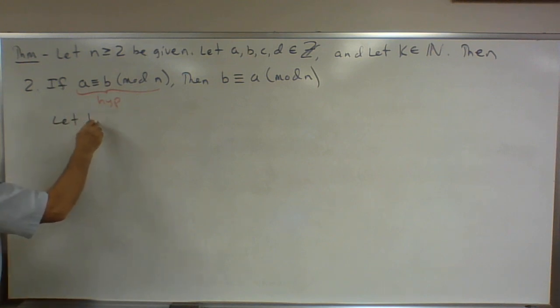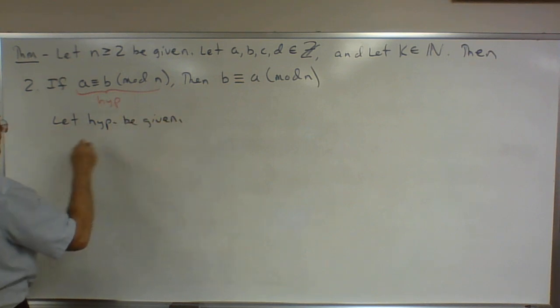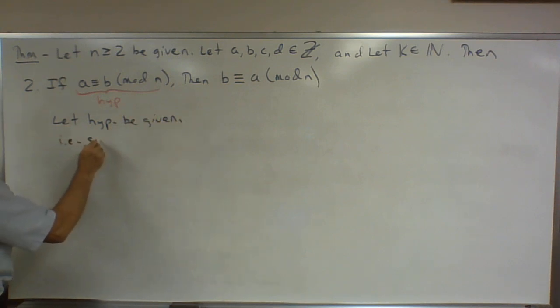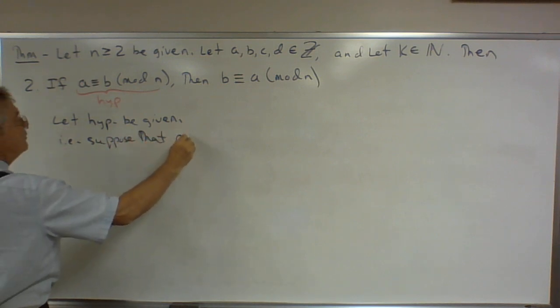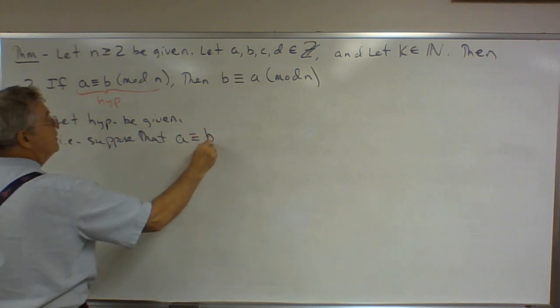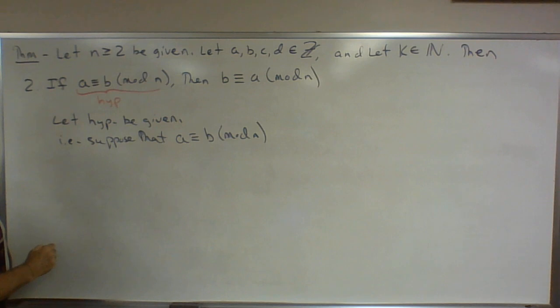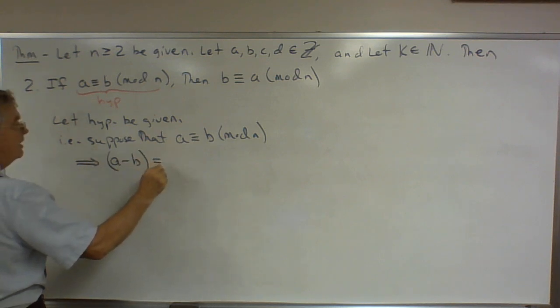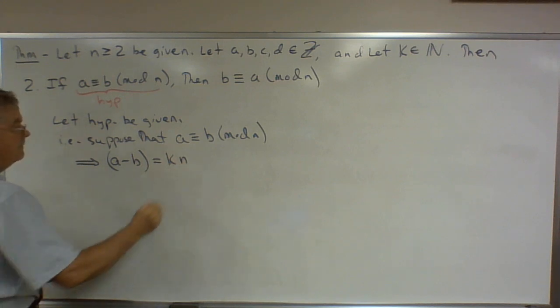So we'll let the hypothesis be given: we suppose that A is congruent to B mod n. Well, what does that mean? By the definition, the difference of these two numbers is equal to some integer k times n.